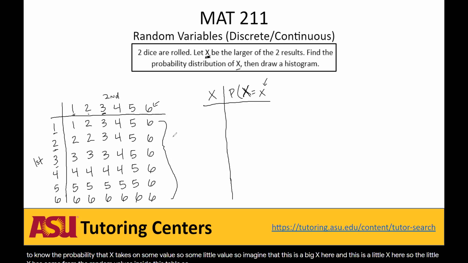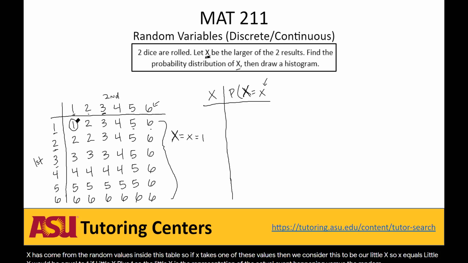So if X takes one of these values, then we consider this to be our little x. So X equals little x would be equal to 1 if little x was 1. So the little x is the representation of the actual event happening versus the random variable, which can encompass many values, which would be the big X.